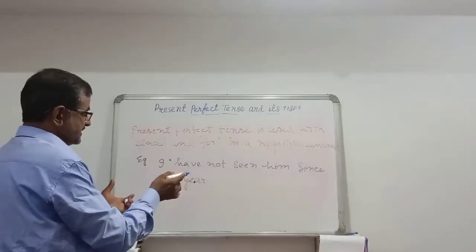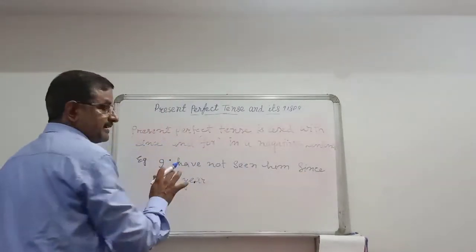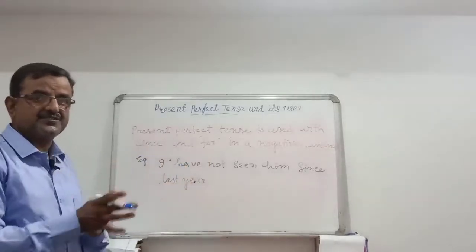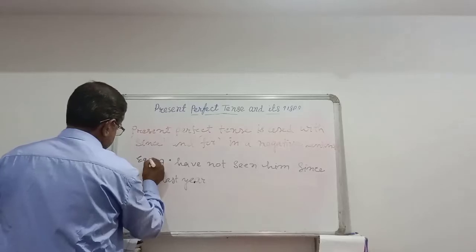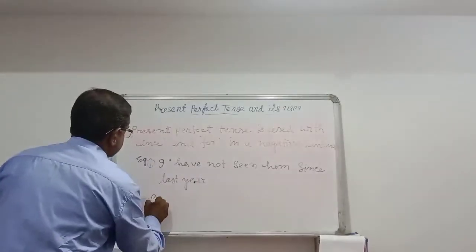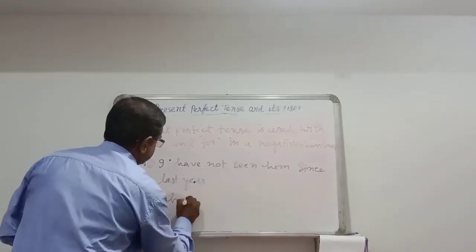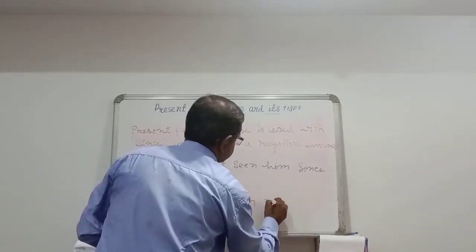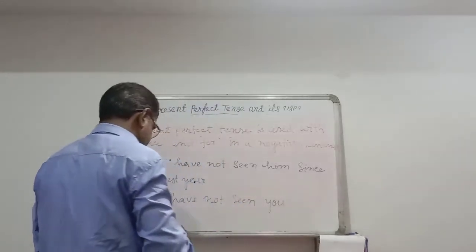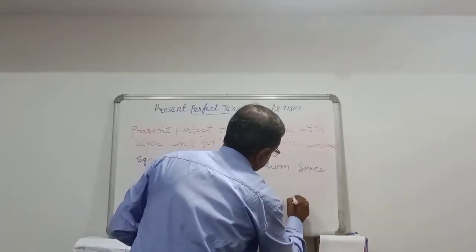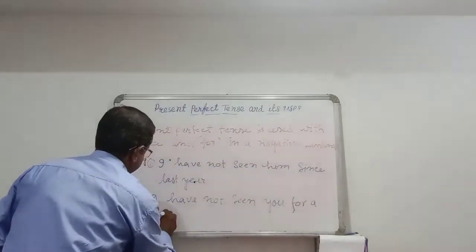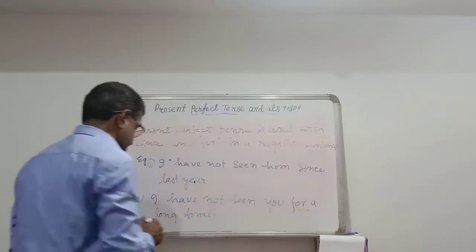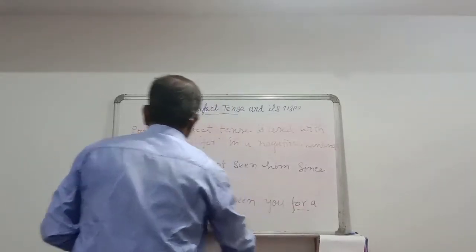So in this negative sentence, since is used. So present perfect tense is used with since and for in a negative sentence. And you can also write: I have not seen you for a long time. So here for is used.